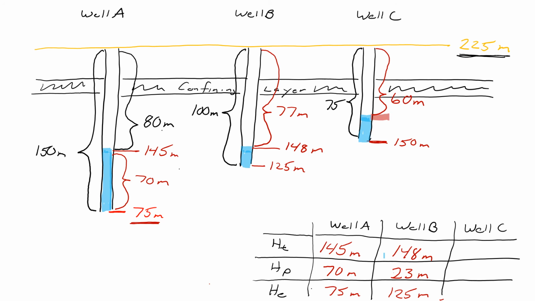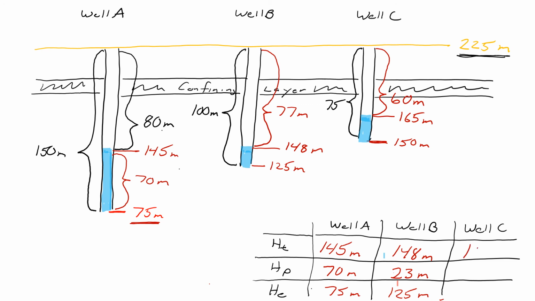So the elevation at the top of the water column is 60 meters down from the 225 meter surface.